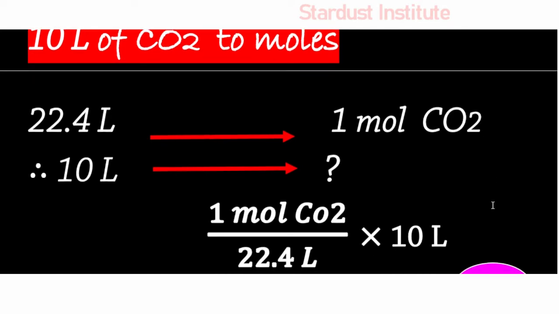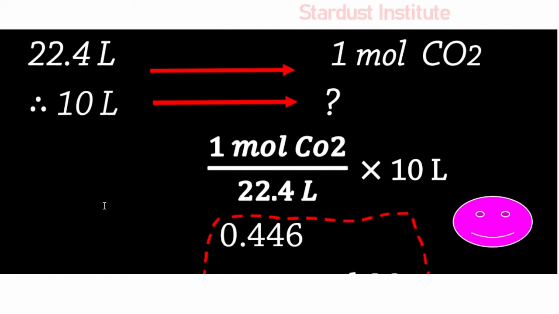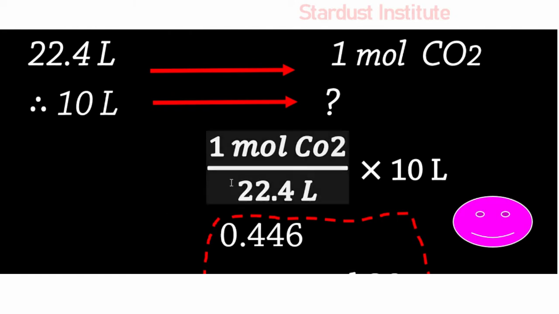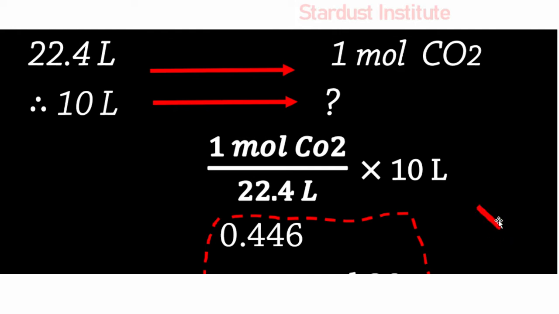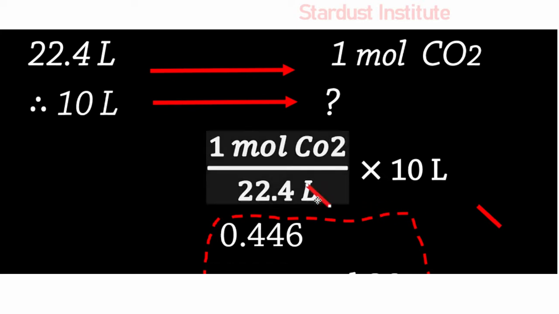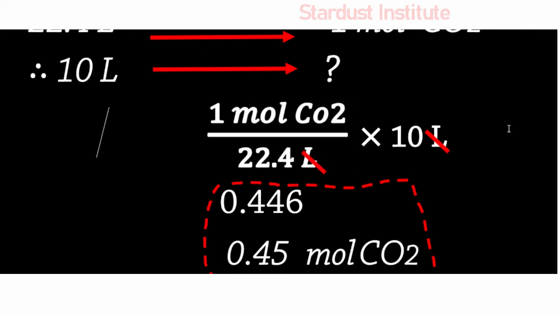We can find it in this way: 1 mole carbon dioxide divided by 22.4 liters multiplied by 10 liters. We should cancel out the unit, liters. Then we get 0.446 moles of carbon dioxide. Three decimal places are enough.